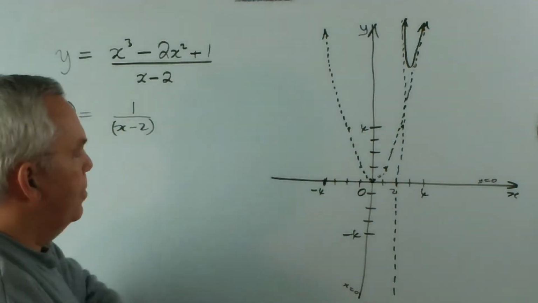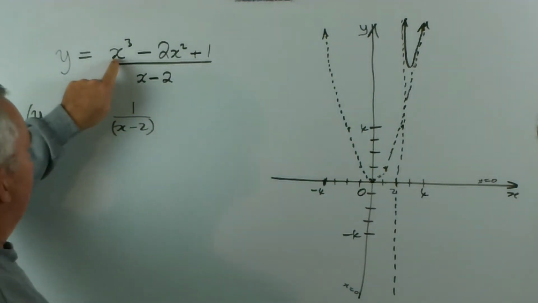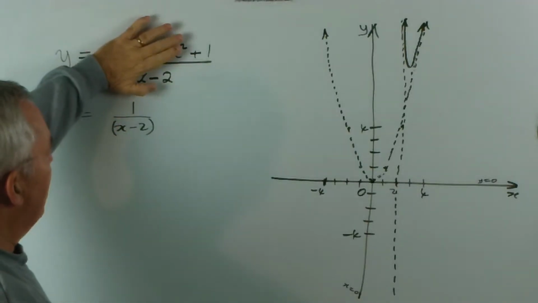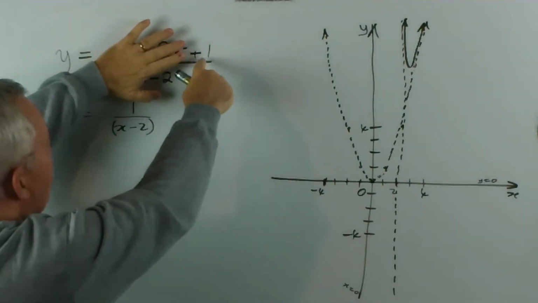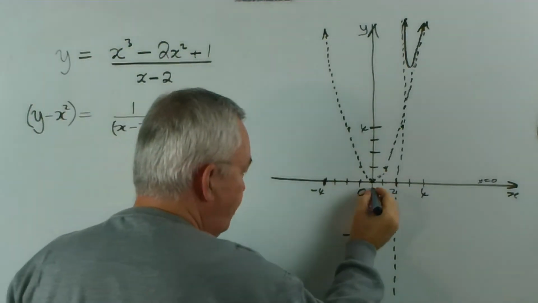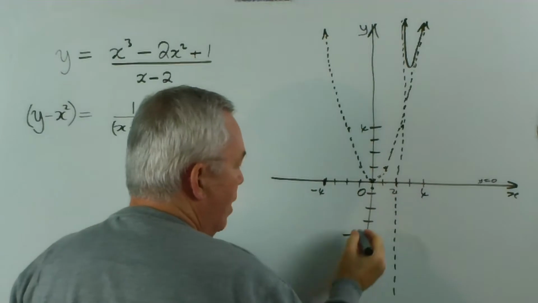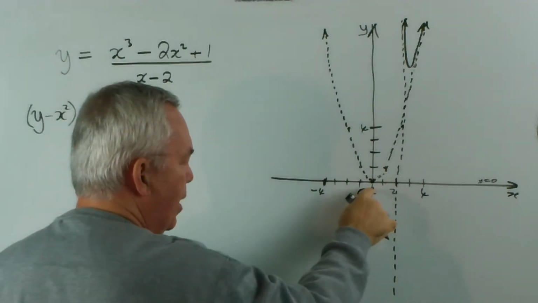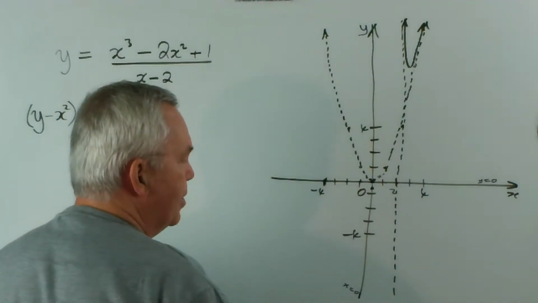Let's substitute x equals 0 first. We've got x's in a few places, and if they become 0, we can cover them up, and we get y equals 1 over negative 2. That's minus a half. So we have an intercept at negative a half on the y-axis.